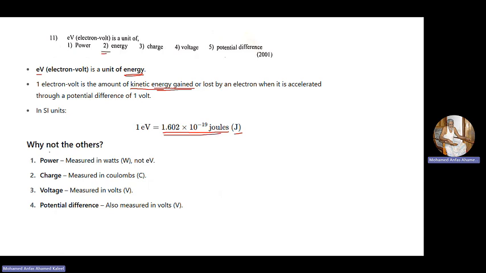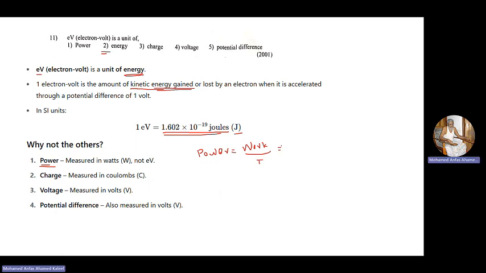Okay, why not the others? The others are not the answer. So the power. What is power? Power is work over time.